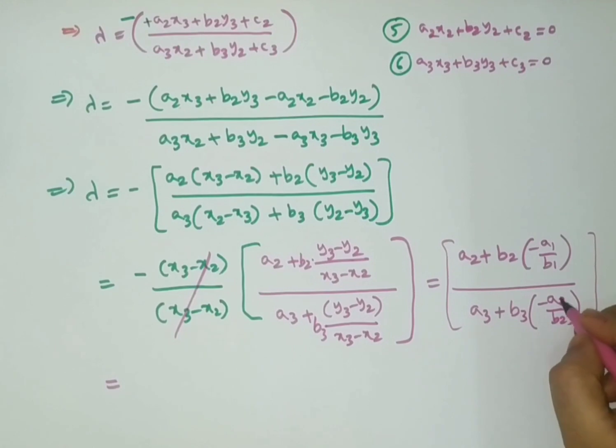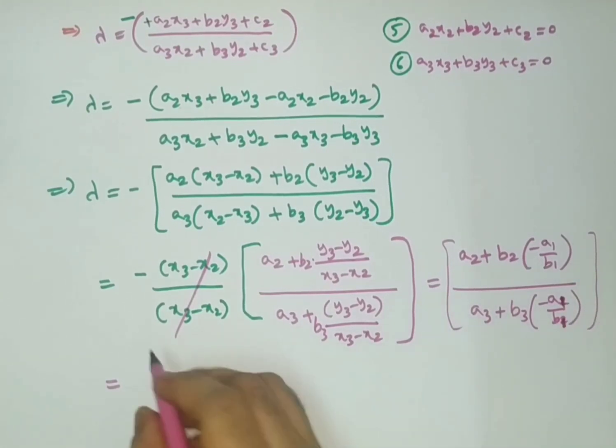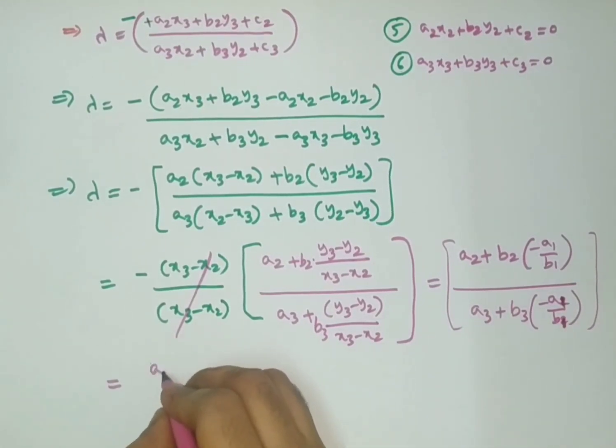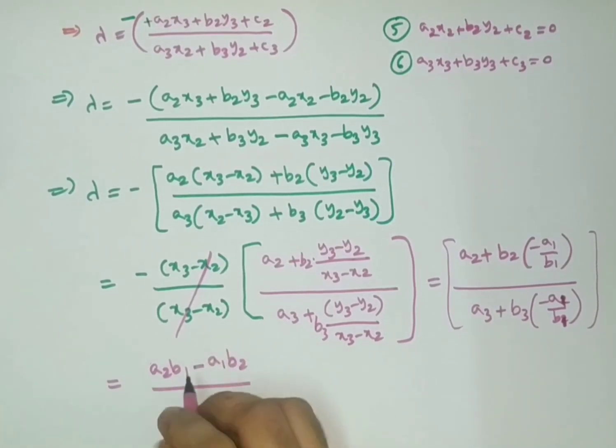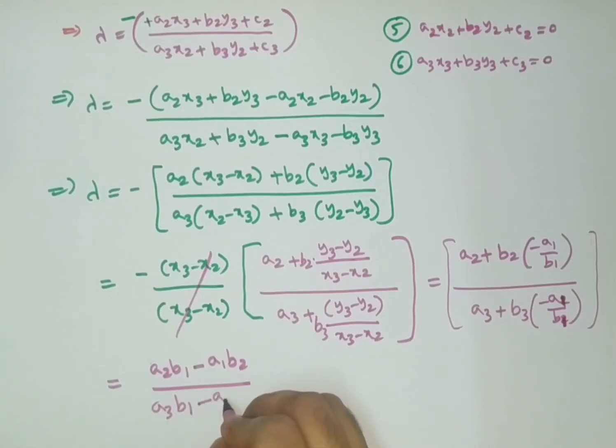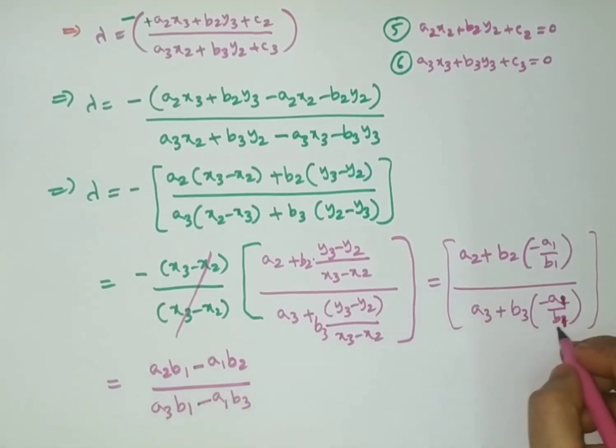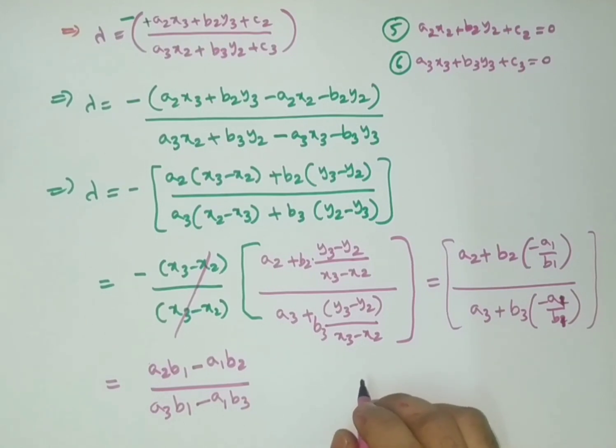Sorry, here also minus a1 by b1 only. So we get a2 b1 minus a1 b2 by a3 b1 minus a1 b3. This b1 will get cancelled.